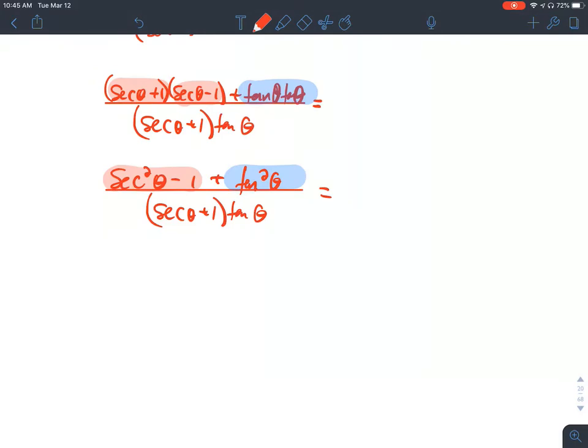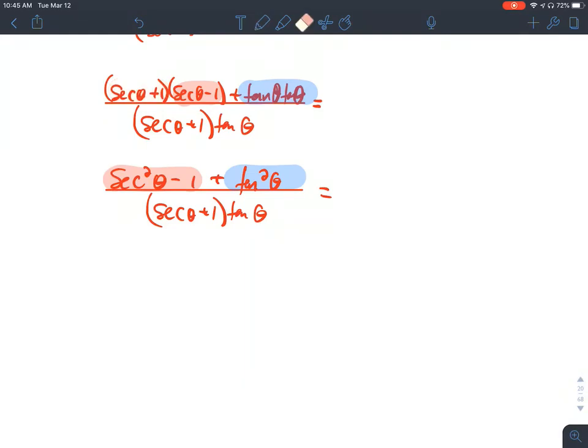Now the top, I can see there's some Pythagorean identities in this. We have a secant squared of theta, which is one of the Pythagorean identities. And we also have a tangent squared of theta, which is in one of the Pythagorean identities.